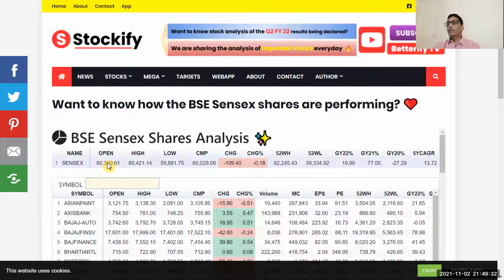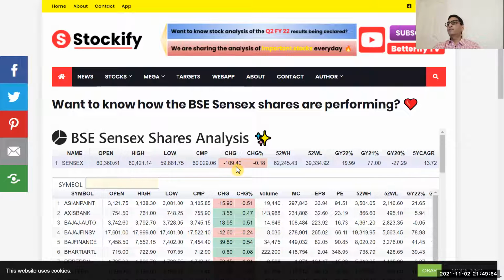It opened at what point, at what price it opened, either the Sensex or the stock. What is the high of that index, and what is the low of that index, and what is the current price of that index, so current market price. And what is the change? So change in absolute numbers.